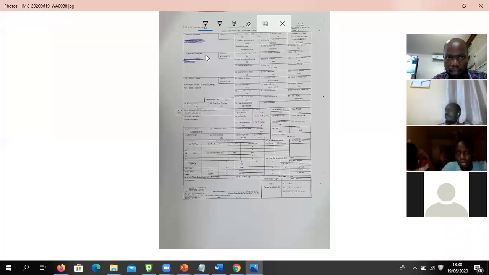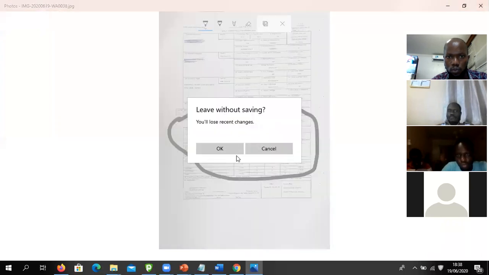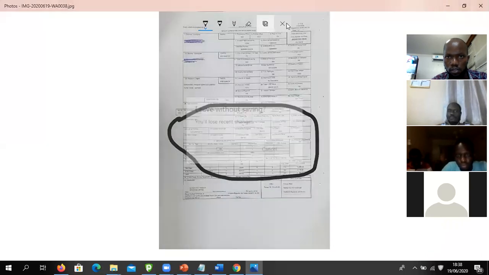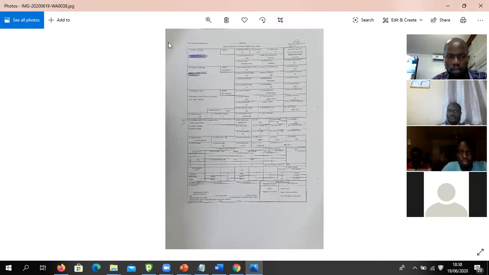Let me see if I can mark the area to look like this particular area here. I deleted the changes.